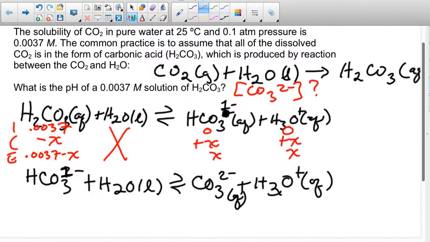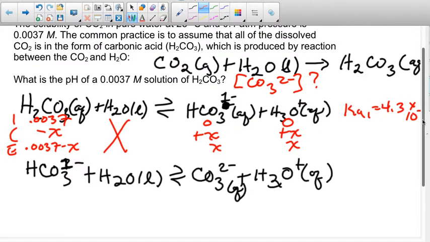What's my Ka1 for carbonic acid? Ka1 is equal to 4.3 times 10 to the negative 7.